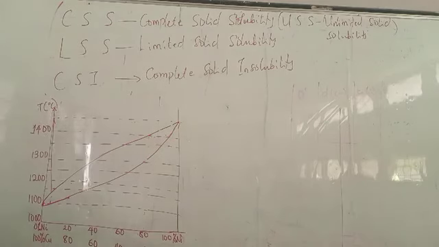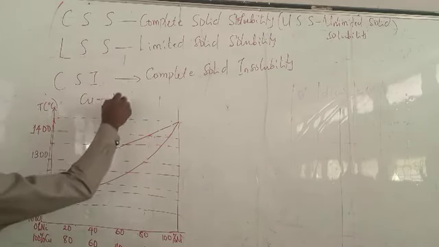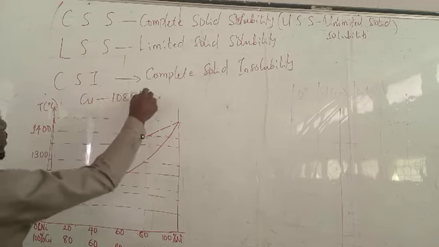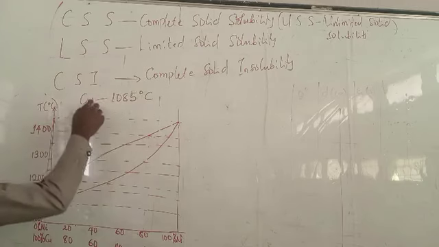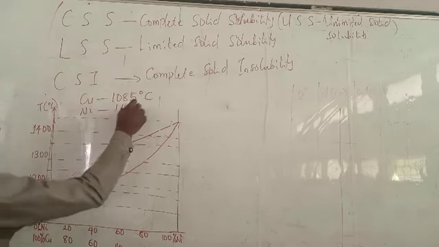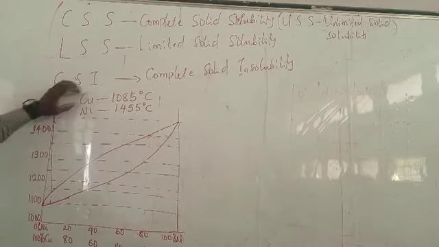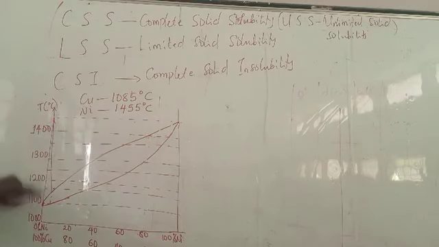Now we know from literature that copper has a melting temperature of 1085 degrees Celsius, and nickel has a melting temperature of 1455 degrees Celsius.